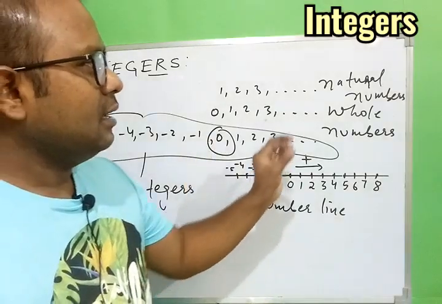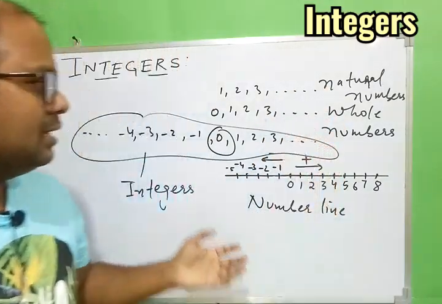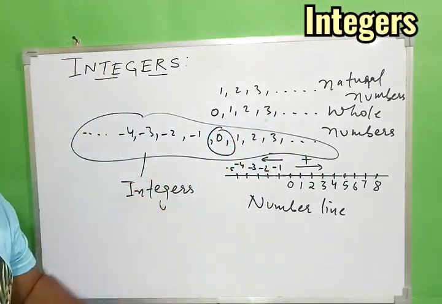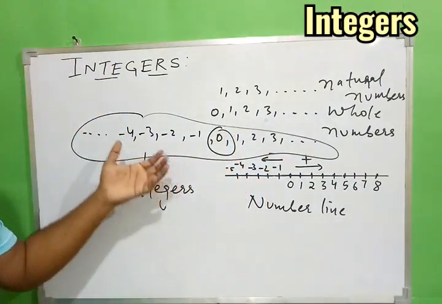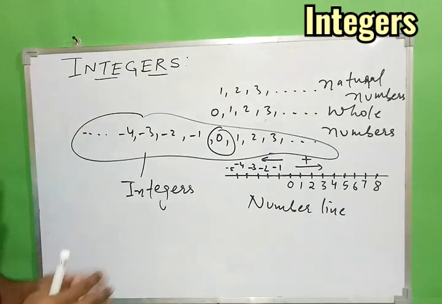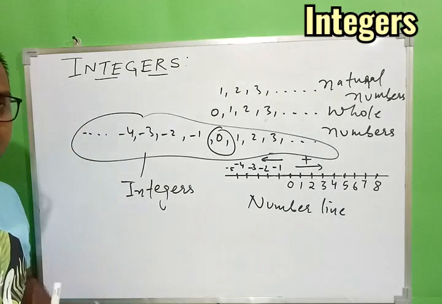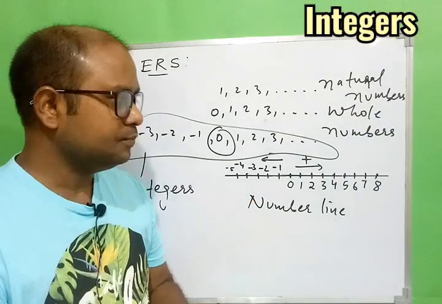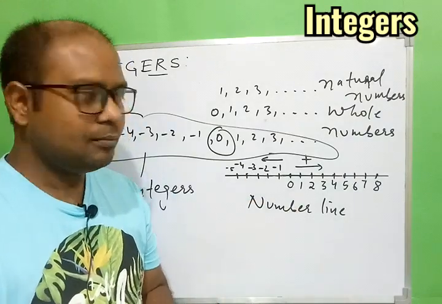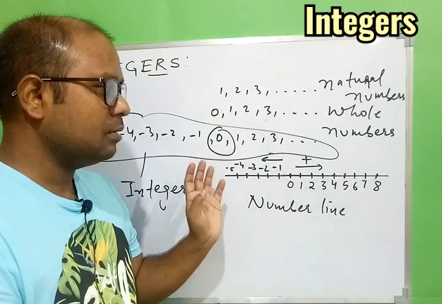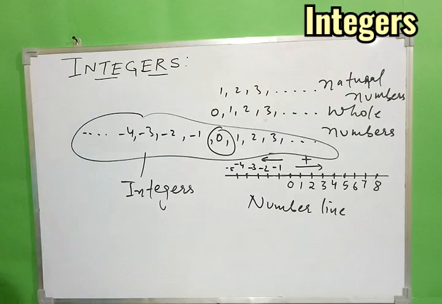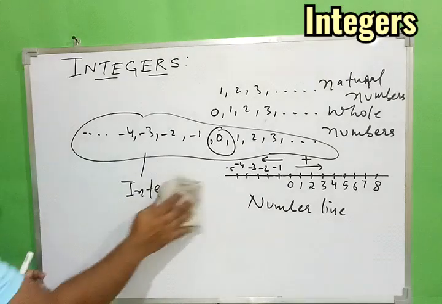So we can say every natural number is an integer, every whole number is an integer. Yes or no? And other than this, we have negative numbers also within this group of integers. So that is the simple meaning we have. The fractional numbers will not be taken in this integer form, but yes, positive numbers, negative numbers and 0 are included within integers. So that is the first thing we need to understand here.